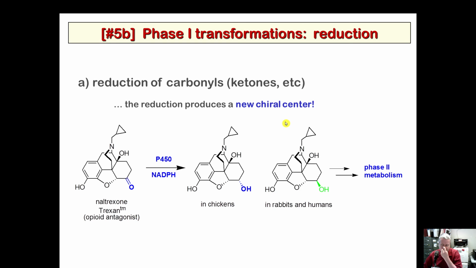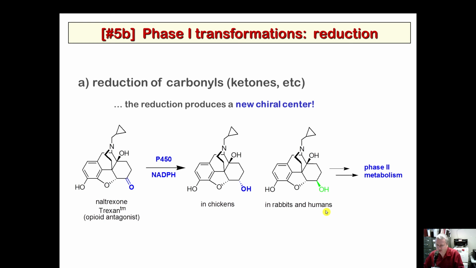So this is another opioid antagonist, Naltrexone. I think we've talked about it a couple times now. It's got a ketone, and what happens when P450 and NADPH react with this? It reduces the ketone, and it's kind of cool that the stereochemistry of the new alcohol can form either way, and it is species dependent. In chickens the hydroxy group goes one way, and in rabbits and humans it goes the other way.